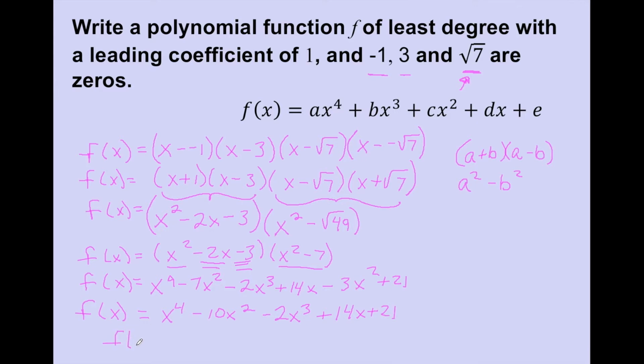Maybe you skip a step and you do the descending order first. X to the 4th minus 2x cubed minus 10x squared plus 14x plus 21.